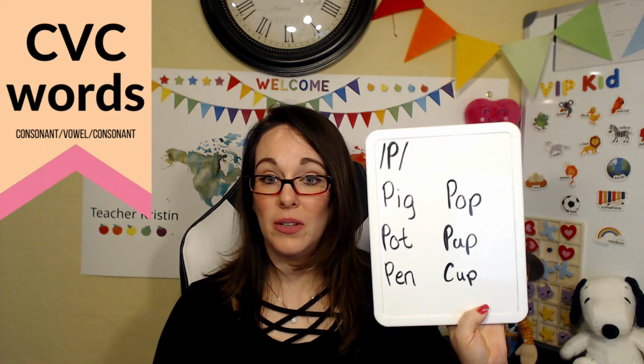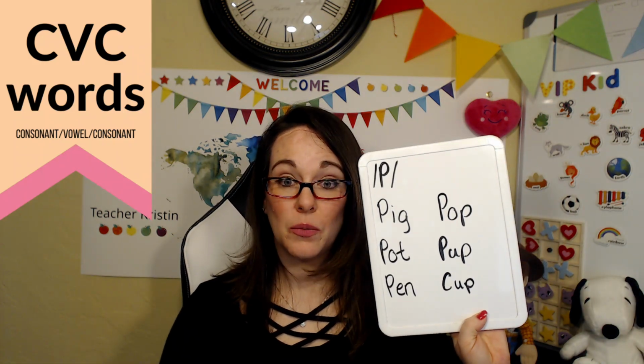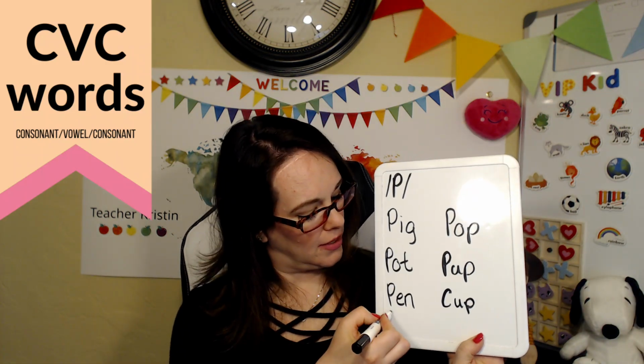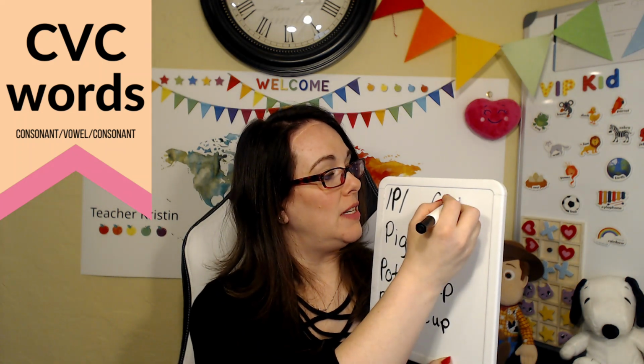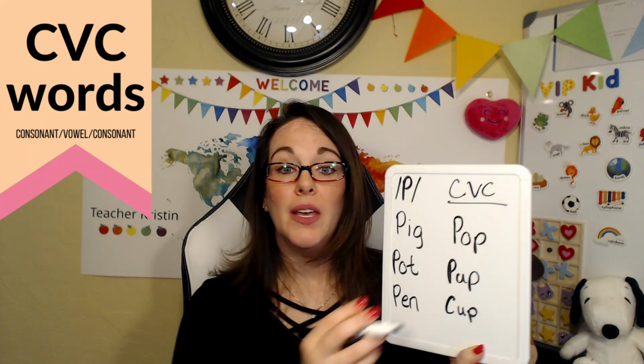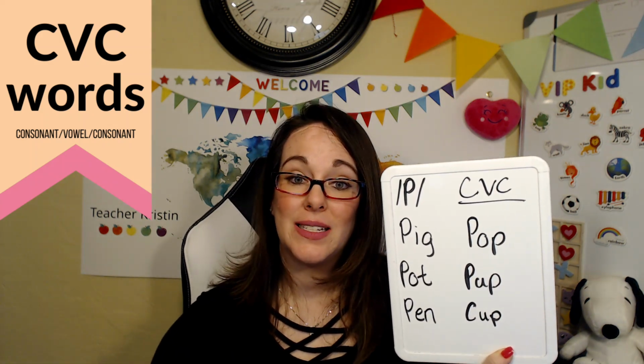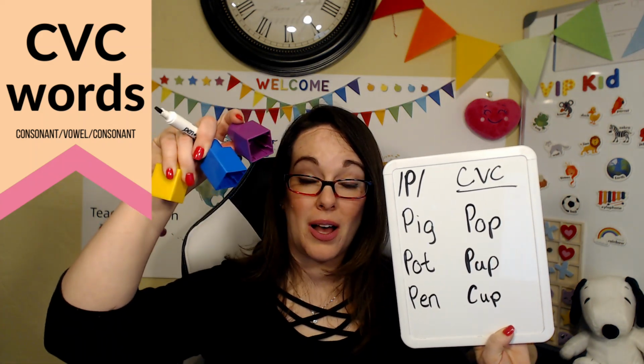Because we are using simple CVC words, which means consonant, vowel, consonant, that's the reason I'm only using 3 blocks in this particular video. So we're going to take the first word and we're going to write pig on our blocks, 1 letter per block.